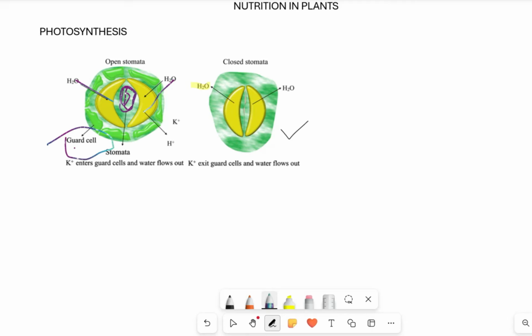This is what is happening in the stomata, so that water is moving inside with the carbon dioxide, and there's a passage of oxygen and carbon dioxide. This is the thing that happens in photosynthesis.